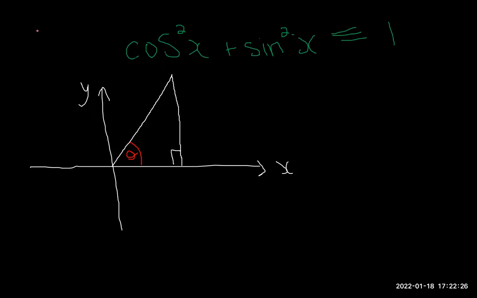That's a theta sign to represent the angle. Say this side of the triangle is labeled 1. This side is called the hypotenuse. This is labeled y, and this is labeled x.